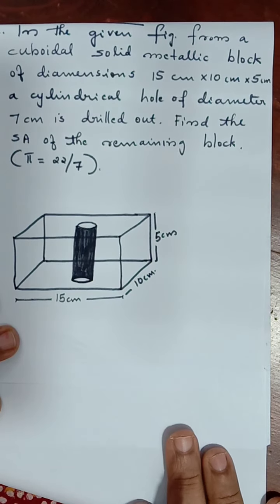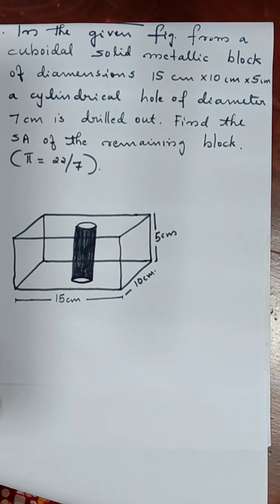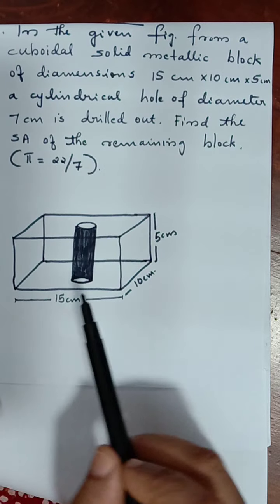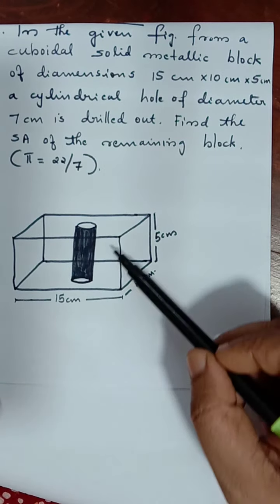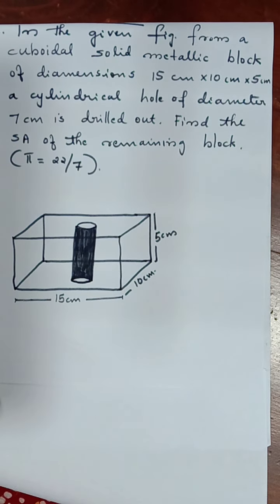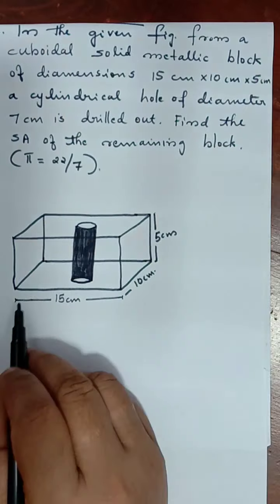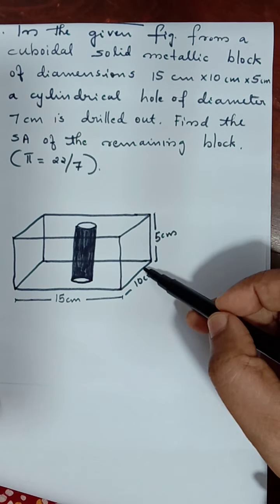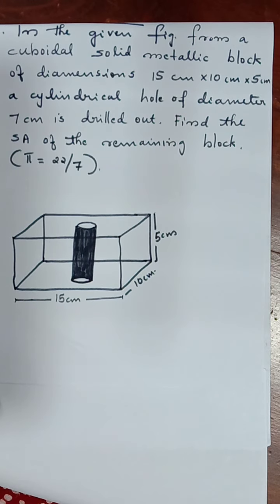We'll see the fourth question. In the given figure, from a cuboidal solid metallic block. Here we have a cuboidal solid metallic block. Each face is rectangular, so it is called a cuboidal metallic block of dimension 15 cm length, 10 cm breadth and 5 cm height.